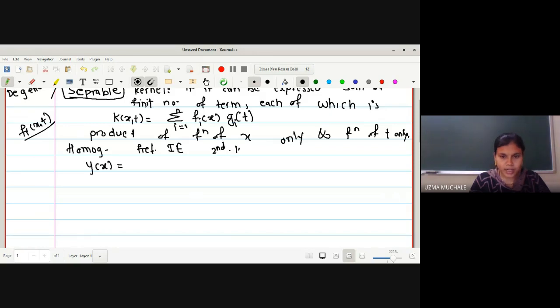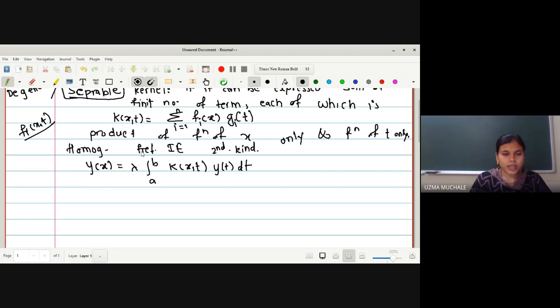As it is of the second kind, g of x will be equal to 1. As it is homogeneous, f of x will be 0. So what remains is the integration from a to b, since it is a Fredholm integral equation, of k of x t, y of t dt. So what is our aim? To solve the Fredholm integral equation of the second kind with a separable kernel.